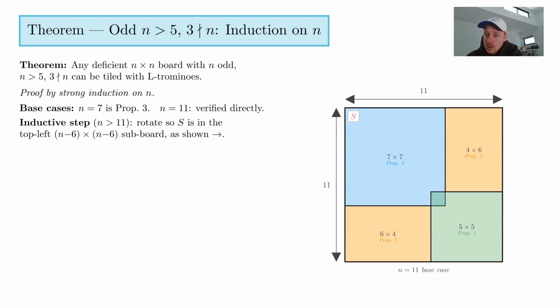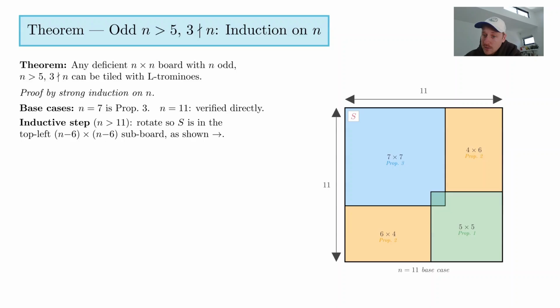We also know by proposition 1 that the 5x5 can be tiled deficiently, so there can be 1 square missing. But now this is where it came together for me in terms of understanding. There's a missing square up here somewhere. This one is filled in by the 7x7, because the missing square is over here.